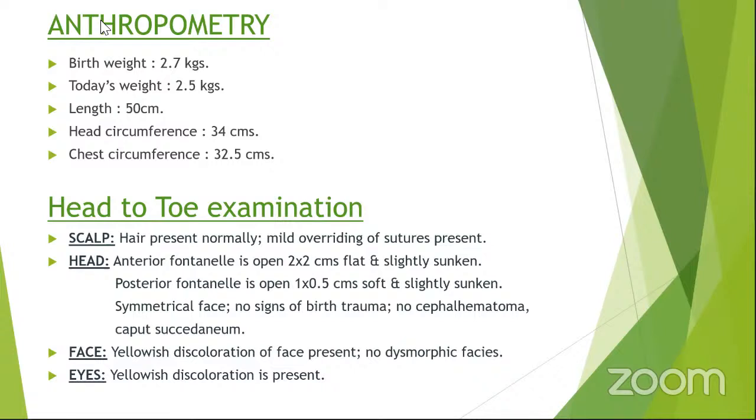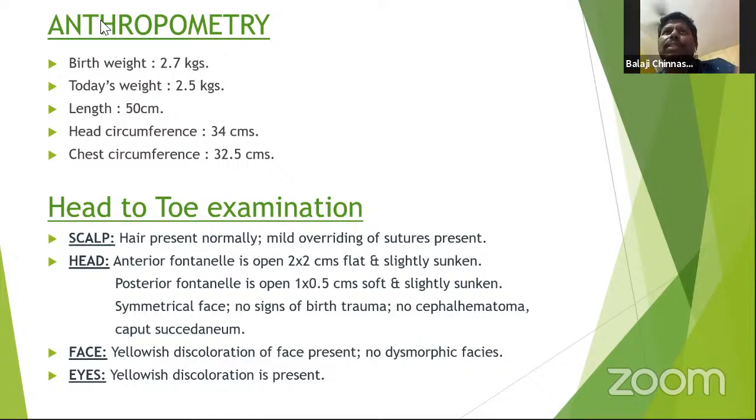Caput succedaneum occurs in the subcutaneous plane, sir, and occurs more diffusely and crosses the suture lines, whereas cephalohematoma occurs in particular over the parietal bones and doesn't cross the suture lines. Very important.